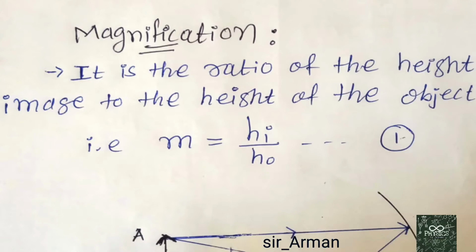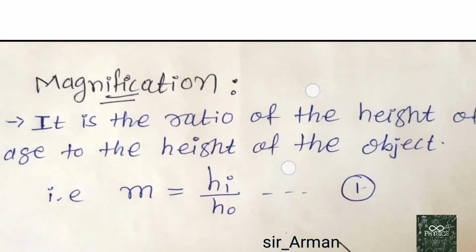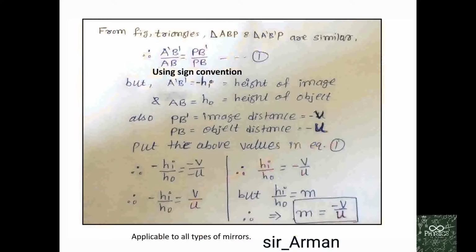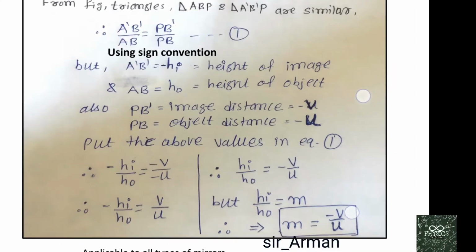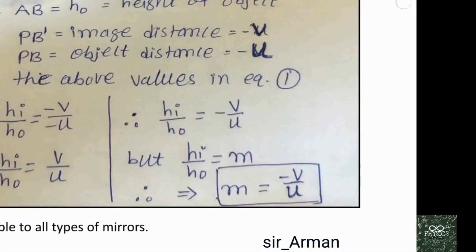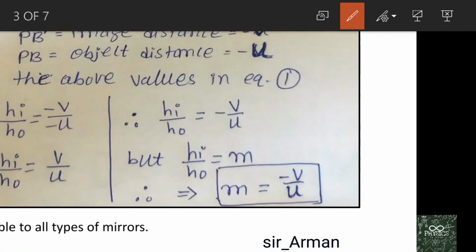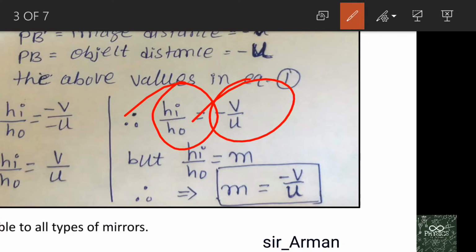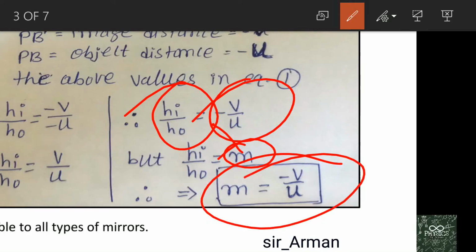It is the formula of magnification. So instead of hi by ho, we can write m, the magnification. So m is equal to minus v by u.